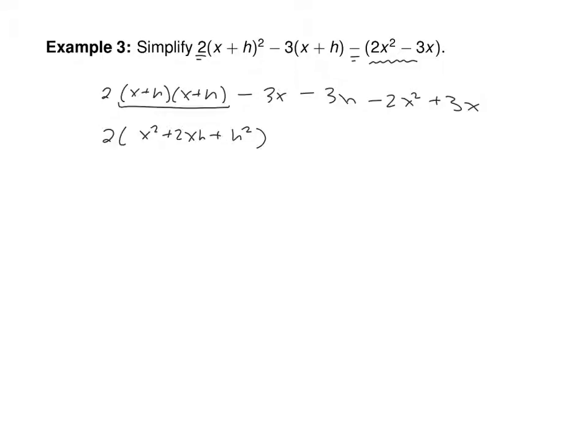And the 3x's cancel, don't they? So we have minus 3h minus 2x squared. And then distribute your 2, and you got 2x squared plus 4xh plus 2h squared minus 3h minus 2x squared. Does anything else cancel?